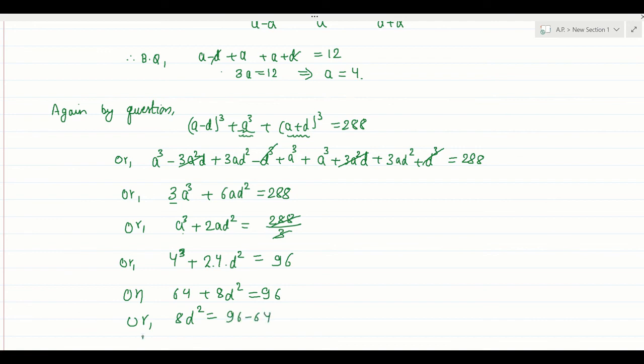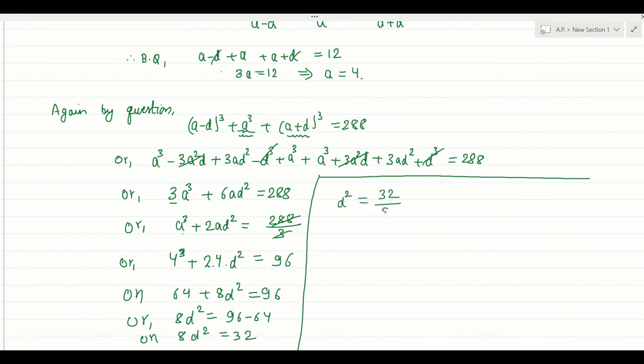How much is 96 minus 64? It is 32. Isn't this? Now after this, we have D squared equal to 32 over 8. So D square is equal to 4. Therefore, D is equal to plus minus 2. I hope this is clear.